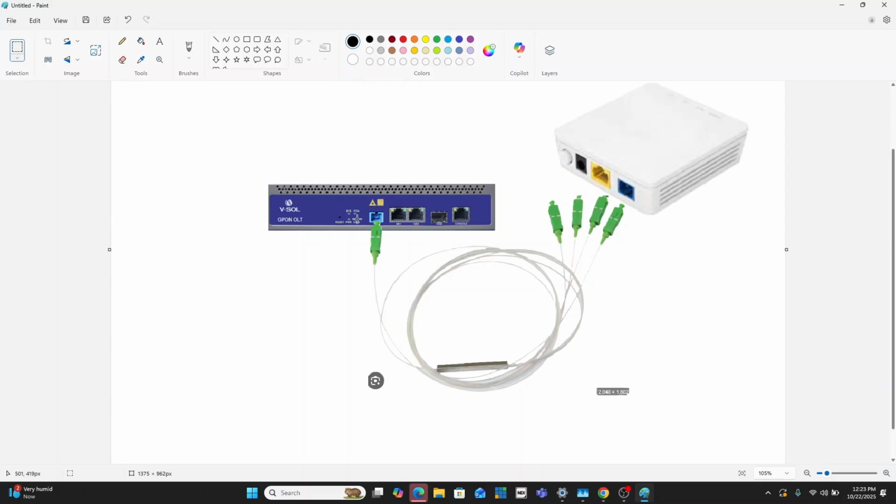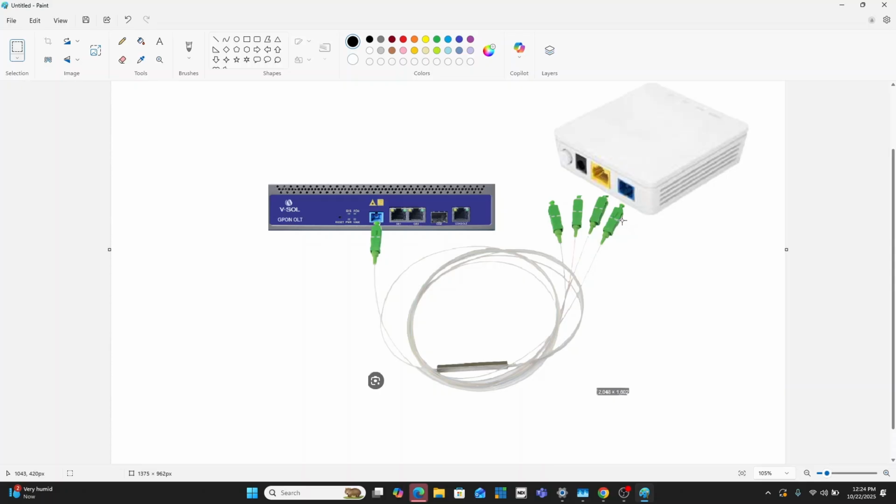We take an OLT, we plug in a cable. That one single cable goes into a splitter that divides the signal that is coming here into 4 different parts.